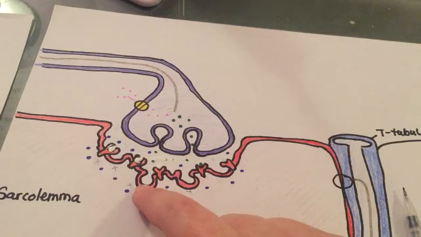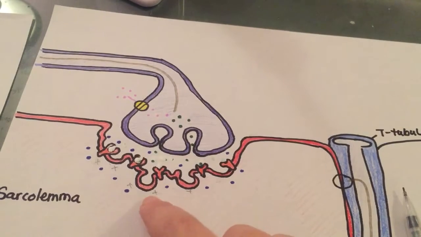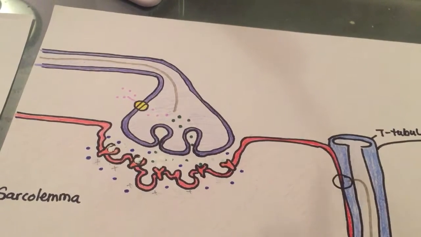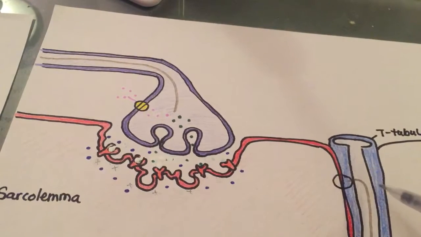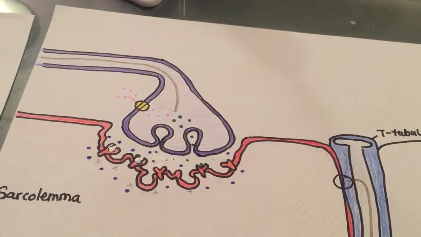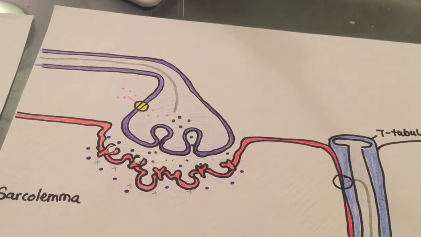Sodium leaves the sarcolemma using sodium pumps, and without the charge from the ion, there's nothing to open this voltage gate anymore, and so there's no action potential to open up the voltage gate for the calcium. So the calcium voltage gate closes and no more is released. The extra calcium is eventually pumped out using a calcium active transport pump.